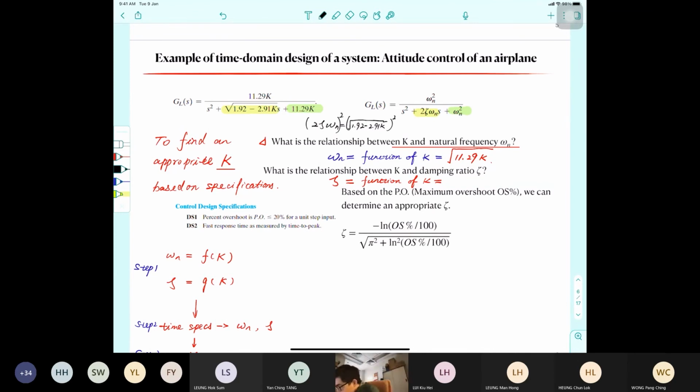Therefore, we got 4 zeta squared omega n squared equals to 1.92 minus 2.91 k, right? And omega n squared is here, right?